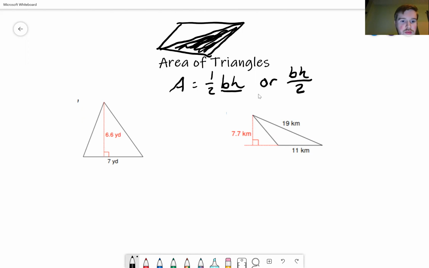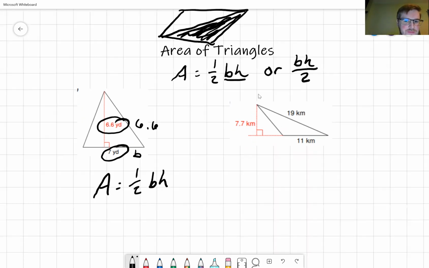So for our first triangle that we have here on the left, we've got our base of 7, our height of 6.6. I'm going to have to put my glasses back on. Area is equal to 1/2 base times height.